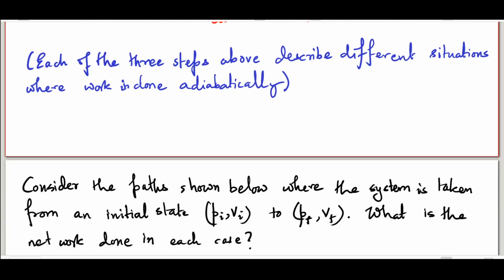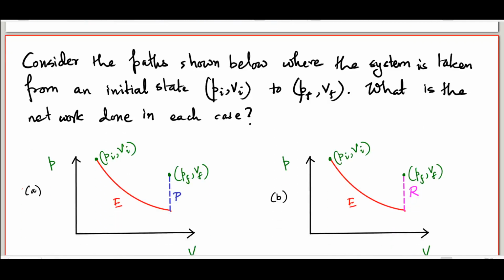Let us now consider a bunch of paths. The first path is one which takes you from PI-VI to PF-VF via an adiabatic slow expansion, the part which obeys P cubed V to the 5 equal to constant.